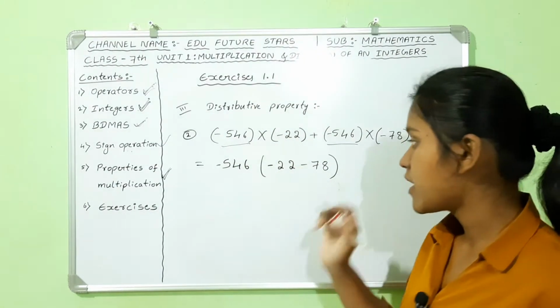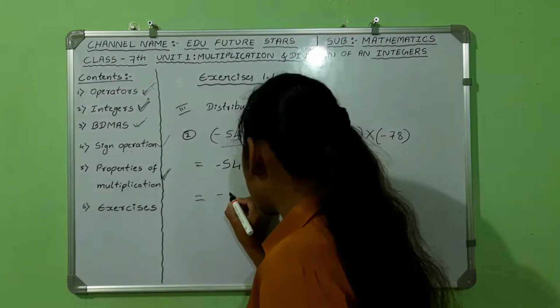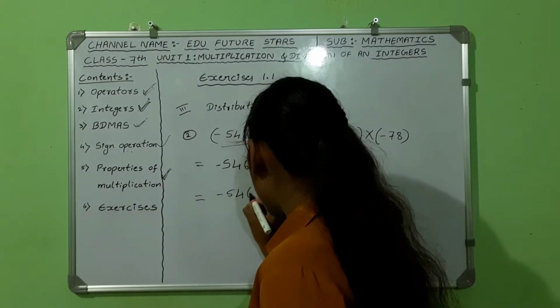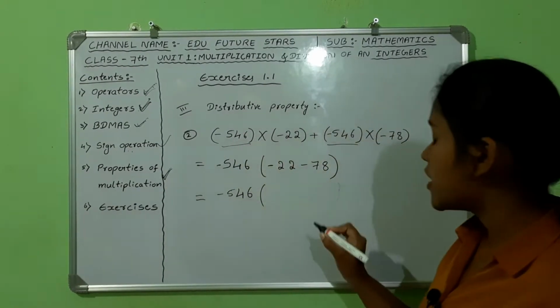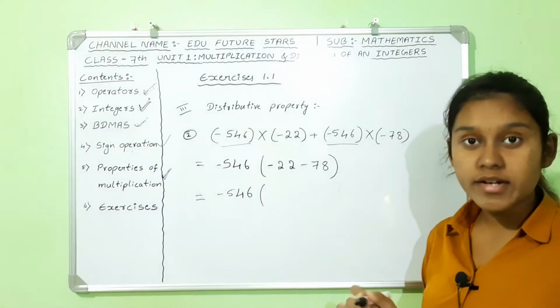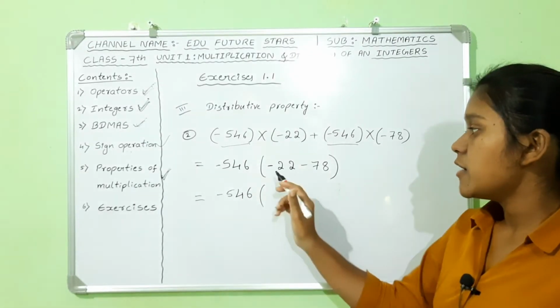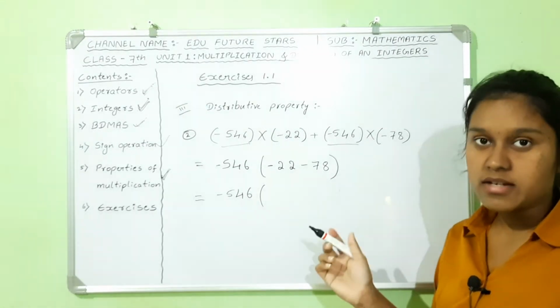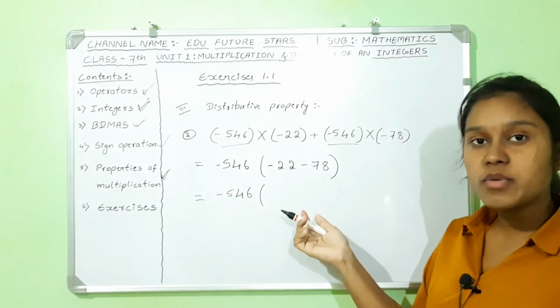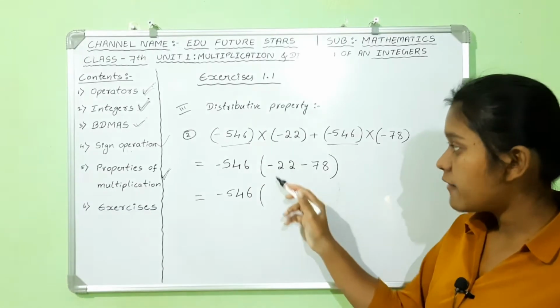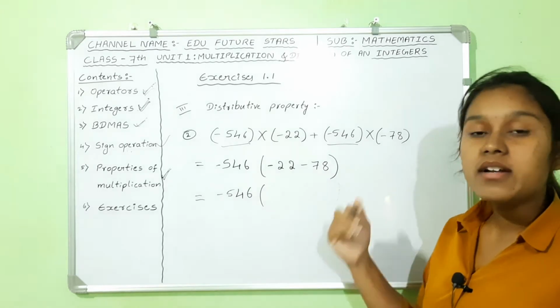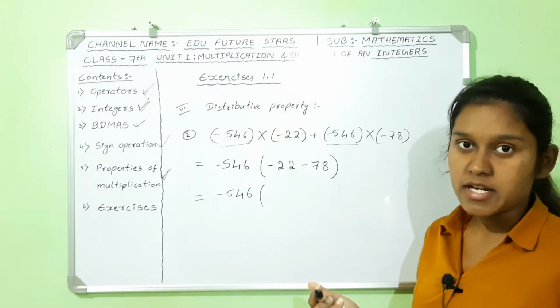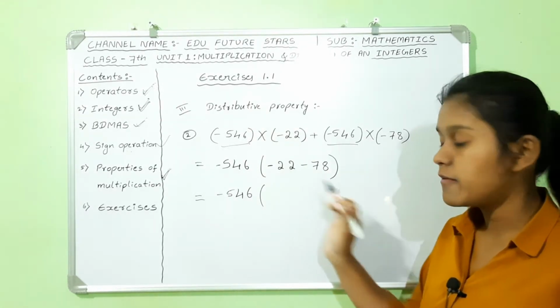Getting it? Now let's see the answer. Minus 22 and minus 78, which we already learned in sign operations. If we have a negative sign in both cases, we have to add these two terms and keep the greatest number's sign.